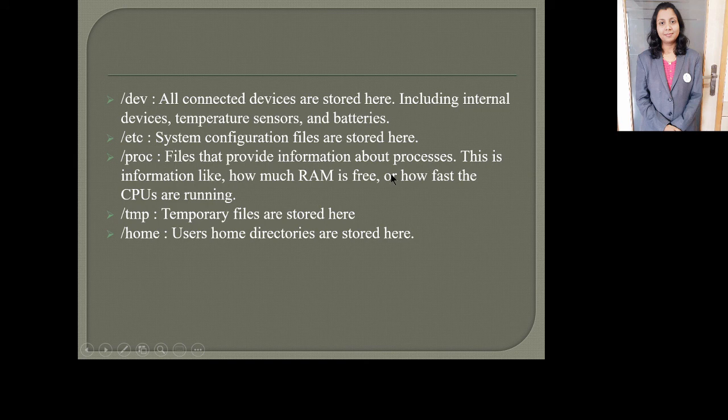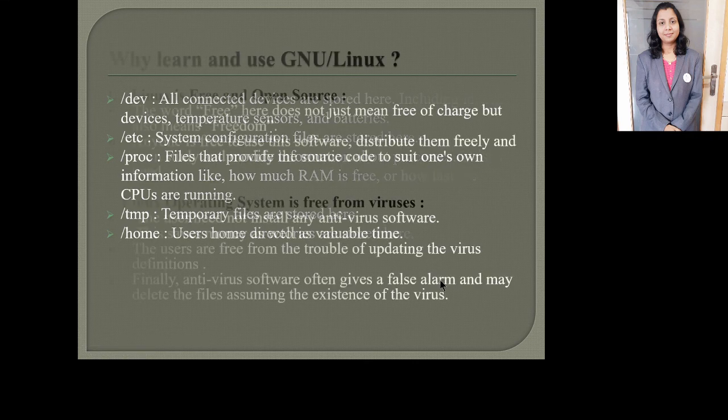Slash tmp is where temporary files are stored. Next is slash home. Users' home directories are stored here. So these are some of the directories telling you briefly what they save.